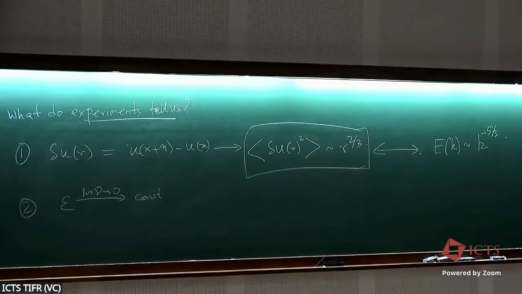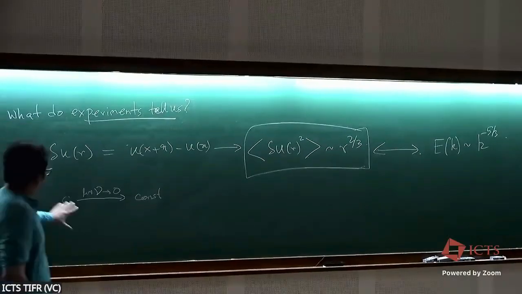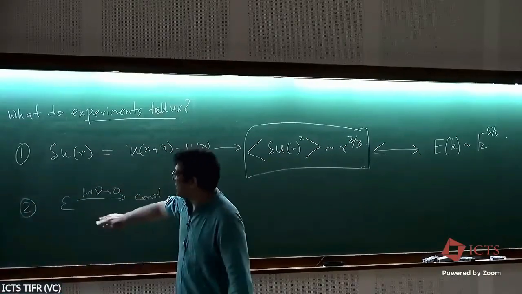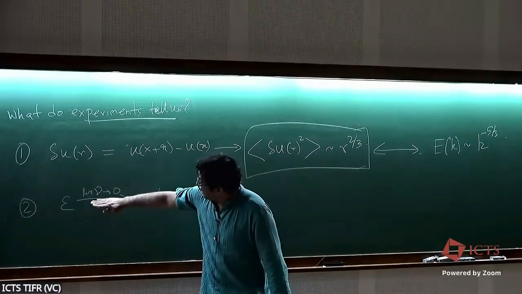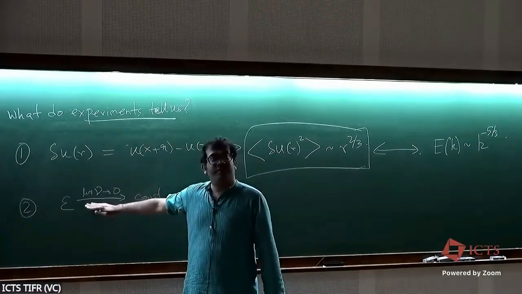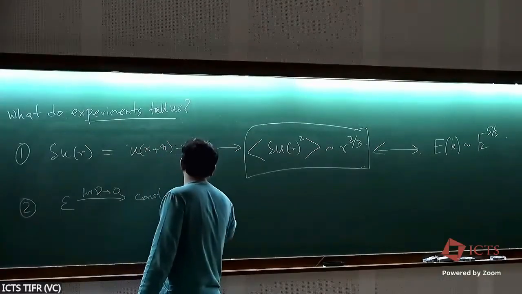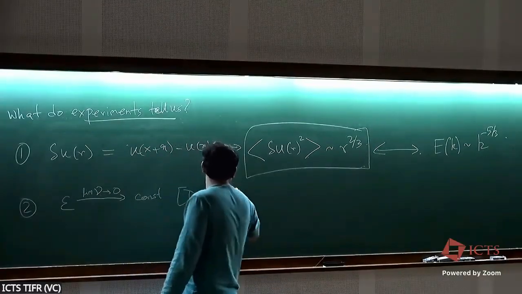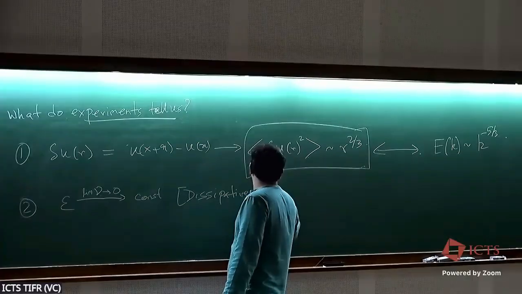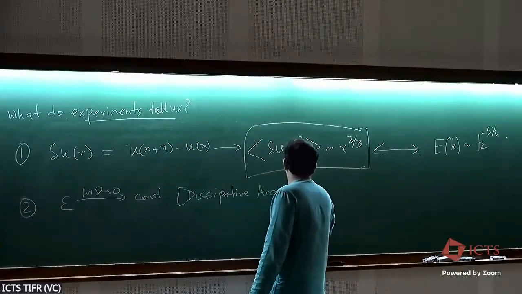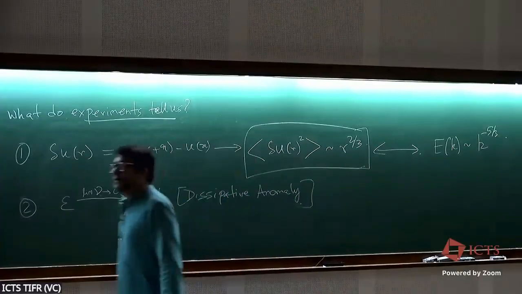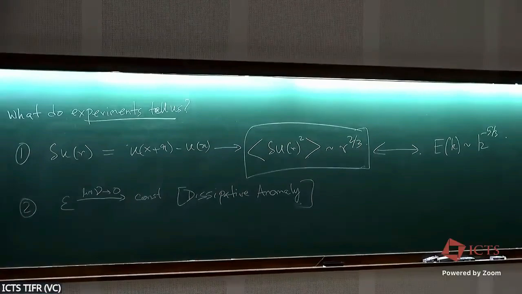But with those caveats, which we don't need to worry so much about unless we are doing real mathematics, there's this surprising result, which goes by the name of dissipative anomaly, that epsilon tends to a non-vanishing finite number as viscosity goes to zero.